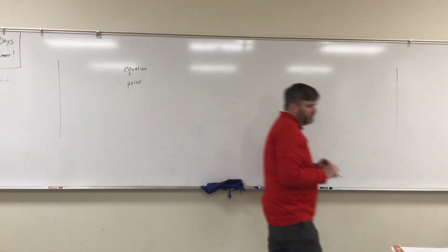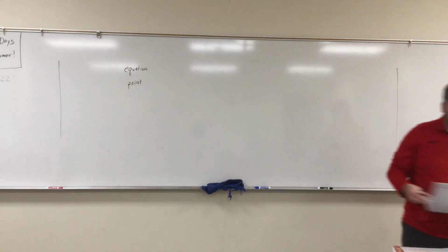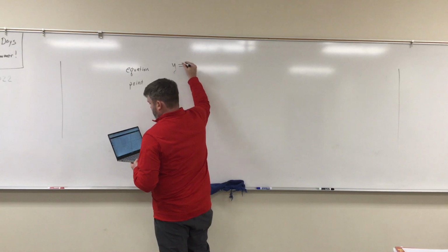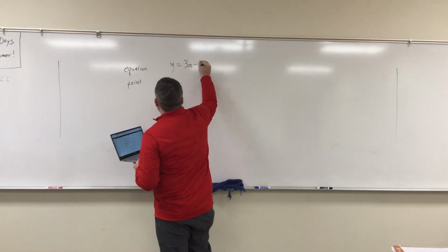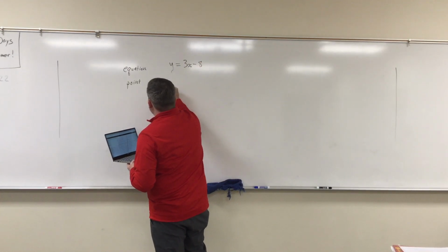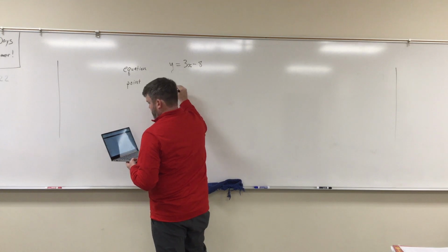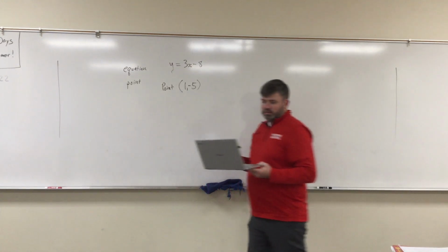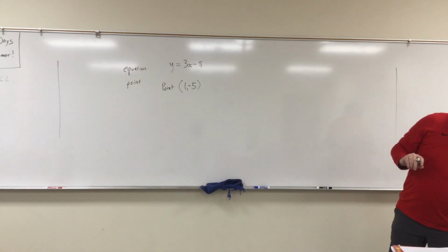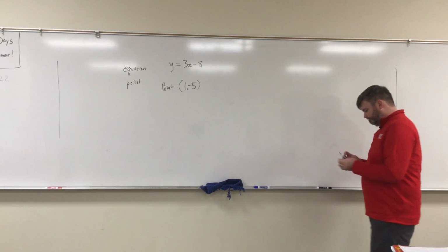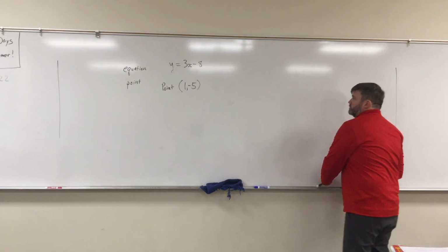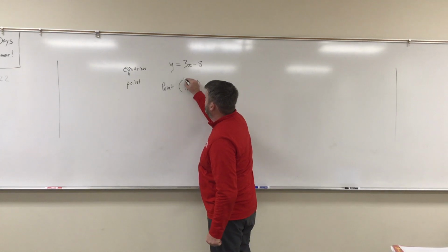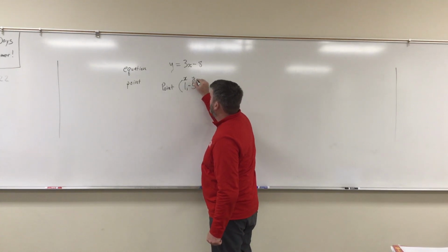Let's see, the first example I have, let me find my cheat sheet here. Let's use the equation y equals 3x minus 8, and let's do the point (1, negative 5). The way we figure this out is a point is made up of an x value and a y value.